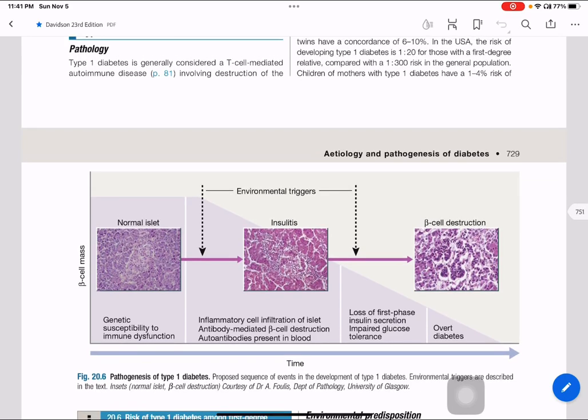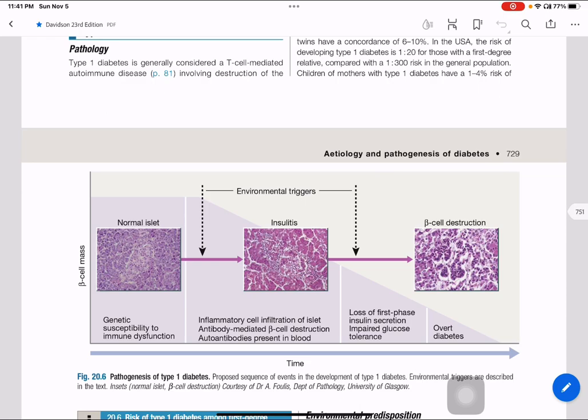For type 1 diabetes mellitus, there are many factors, some genetic factors, some environmental triggers. The main thing is that there will be a complete destruction of beta cells, which results in loss of insulin, and due to lack of insulin, the patient develops diabetes mellitus. This is type 1 diabetes mellitus.